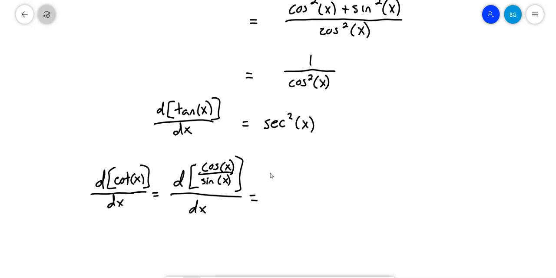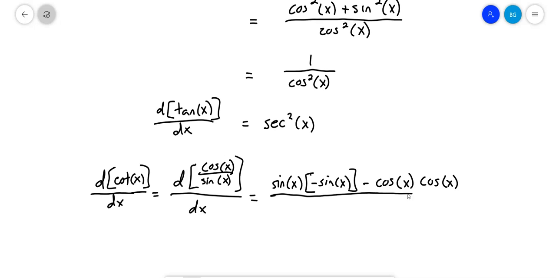So the derivative is low d high, so sine x, derivative of the high is negative sine x, low d high minus high d low. Now the derivative of the low is just cosine again, right? Derivative of sine is cosine. All over the square of what's below, so this is going to be sine squared x.